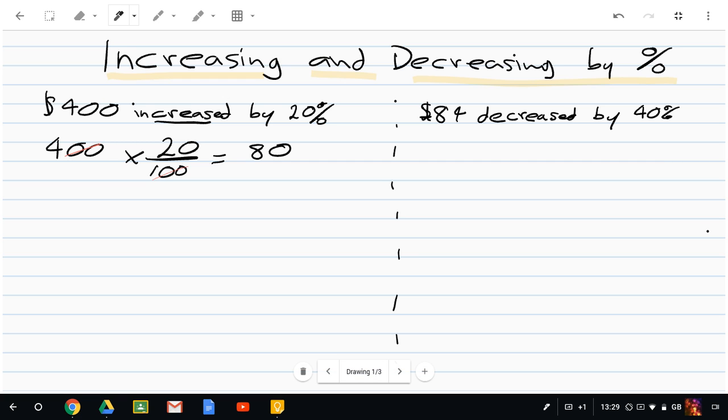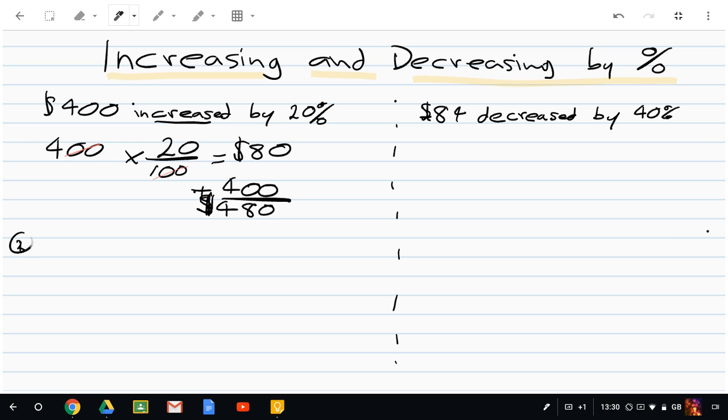So what is 80? $80. So $80 is the amount that it's increased by. So this is not the final answer. To get our final answer, we need to add 400 to that, and that will give us 480. So when I increase $400 by 20%, I get $480. So that's one method.